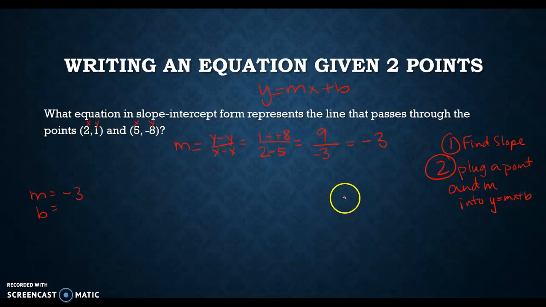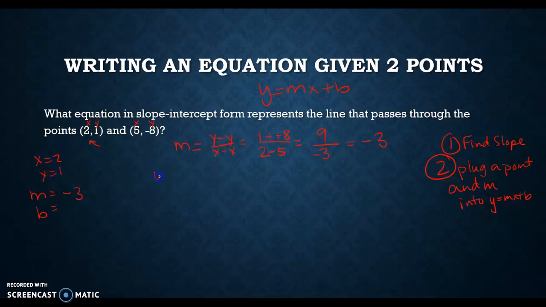All right, so you're like, what does that mean? Pick one of these. I'm going to choose this one. Why? There's no negatives. That's why I'm choosing it. It doesn't have any negatives, so I'm trying to make it easier for myself. So I'm choosing that x is 2 and y is 1.